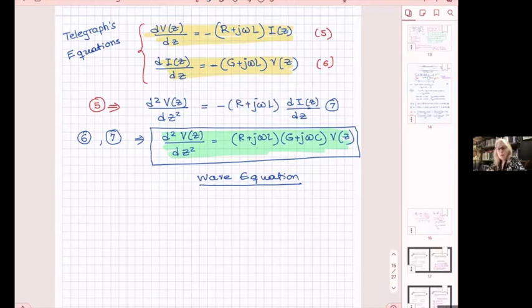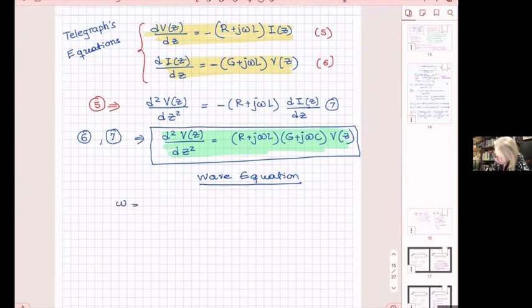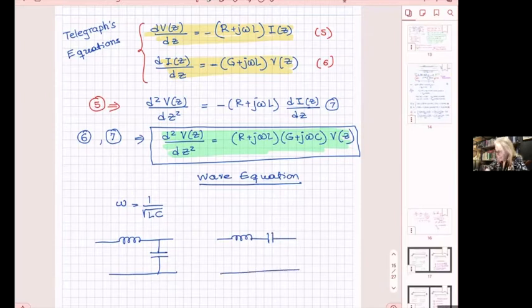Do you happen to remember what the oscillation frequency is? I think it's square root of 1 over LC. Exactly. So the radial frequency is 1 over square root of LC. You're so correct. If you have any type of LC circuit, this or this, they oscillate.